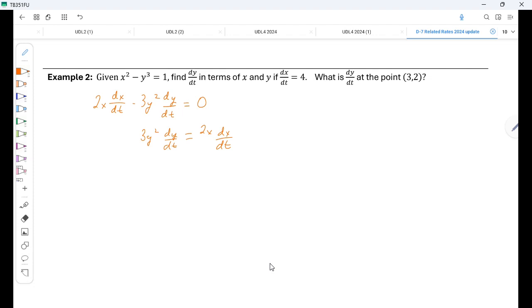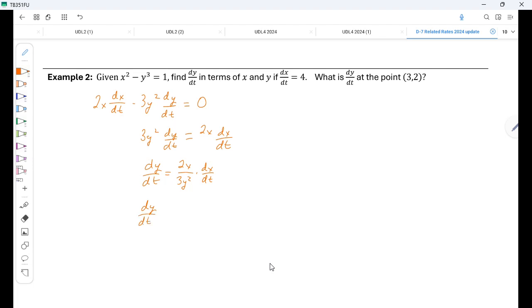So dy/dt equals 2x over 3y squared dx/dt. Oh, and we did say that dx/dt equals 4. So to answer their question, we're going to replace that dx/dt with 4.